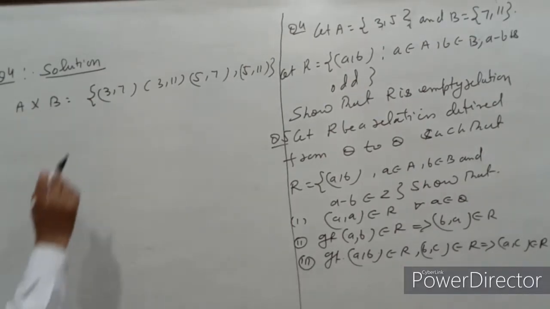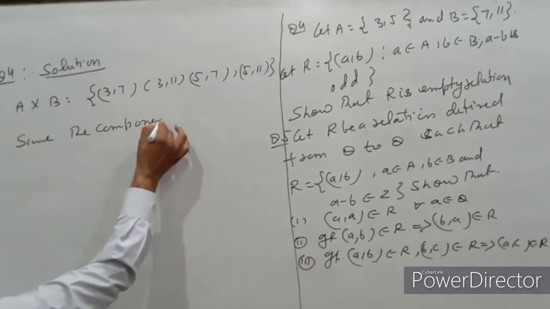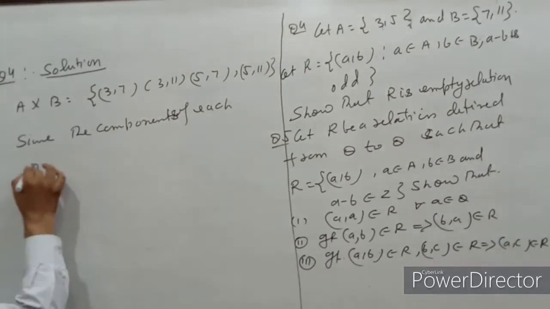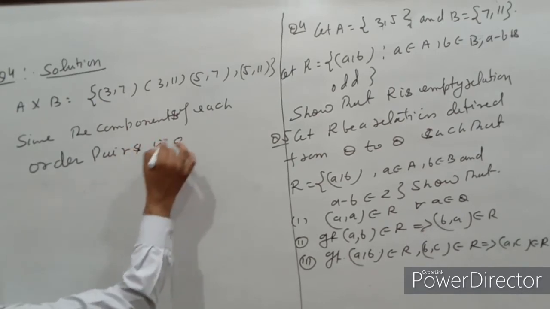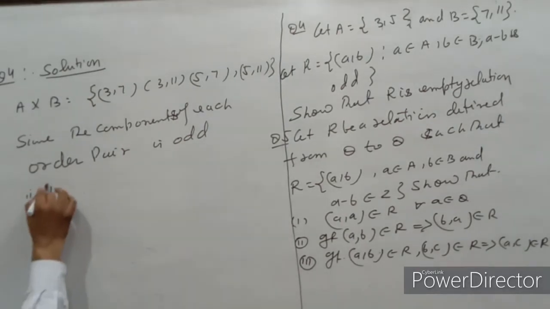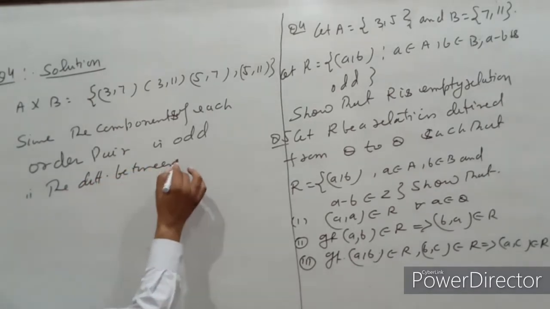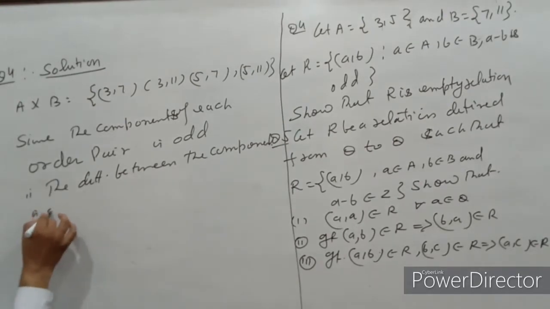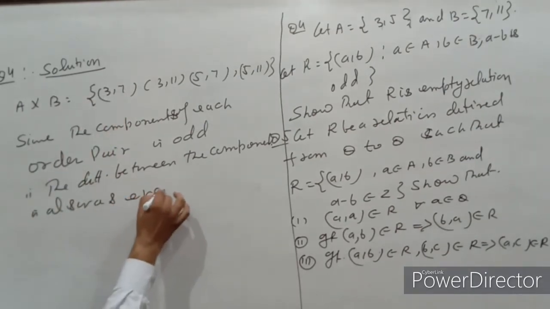So here we find, since each component of each ordered pair is odd, therefore the difference between the components is always even. देखो 3 minus 7, that is even.